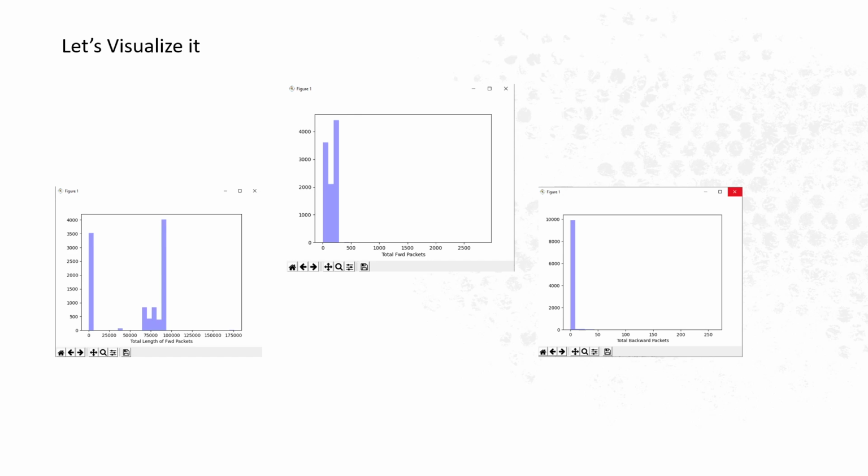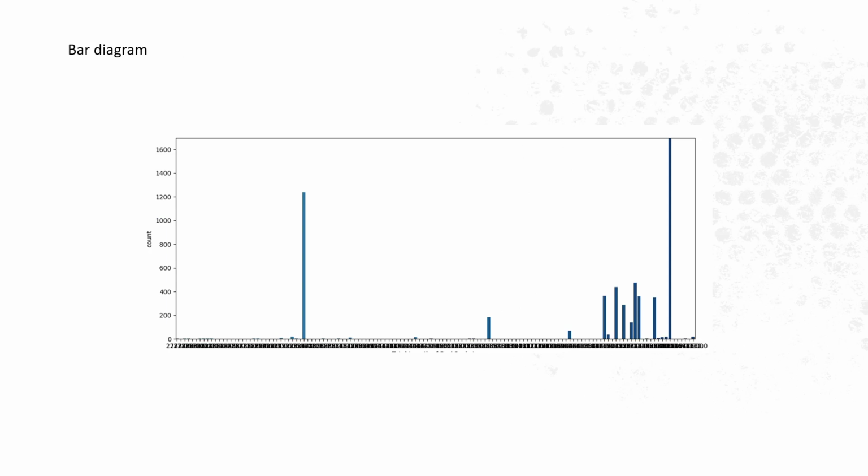As we see, it has values about 3,500 and 4,000, and also it has lower ones like 800 and so on. It's a bar chart I used to visualize it. The second figure is total forward packets, and the third one is total backward packets. As I mentioned, we use it to find out if the data is actually workable.